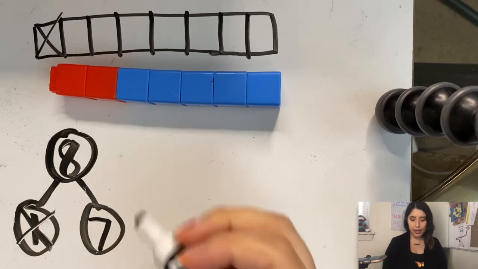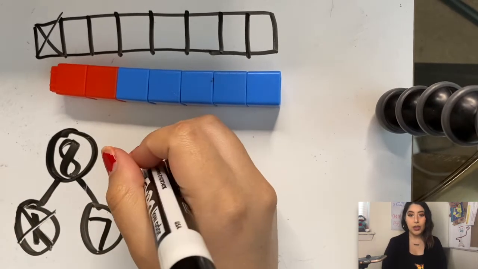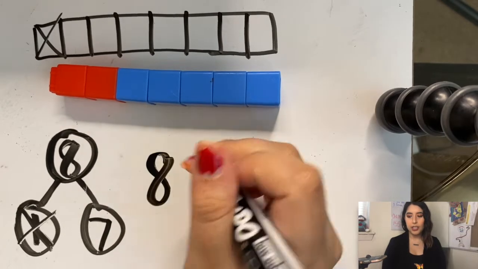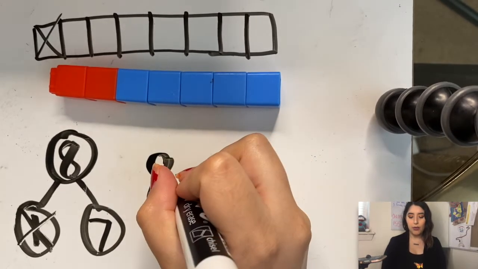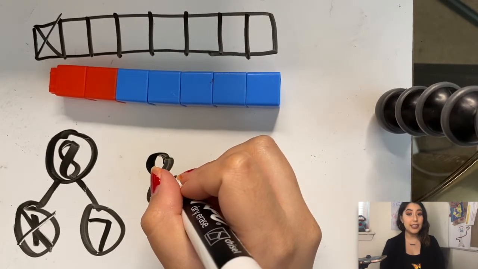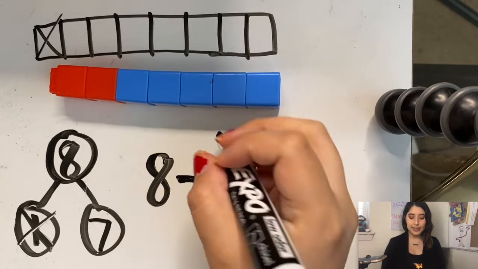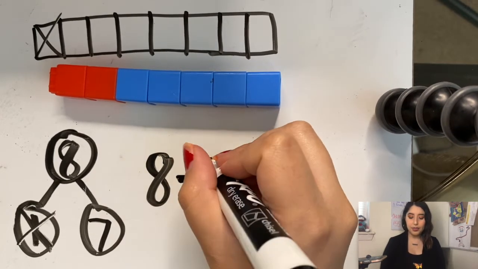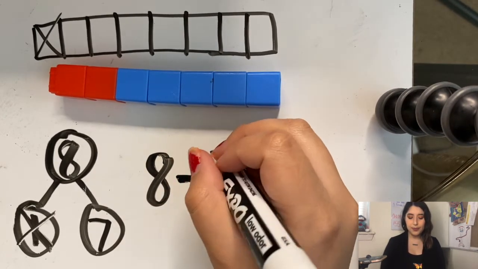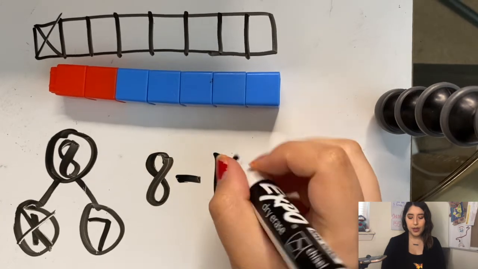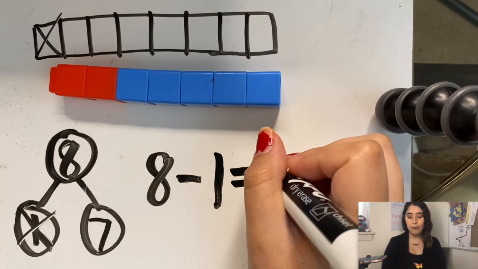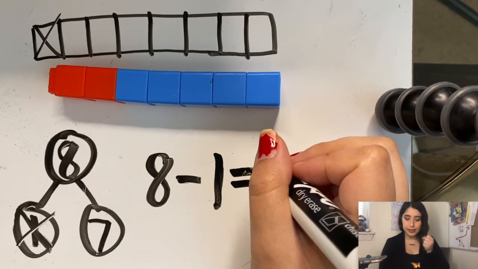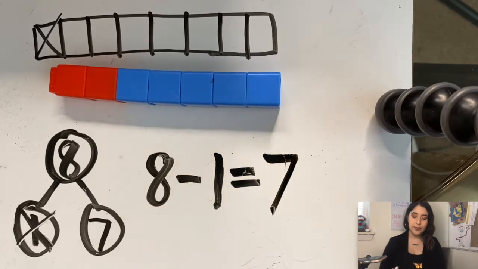Now let's write our subtraction sentence. We always start with our whole in the subtraction sentence. We always use what symbol when we're subtracting? Minus. And we subtracted what number? 1. And what number did we have when we took away 1 from 8? 7.